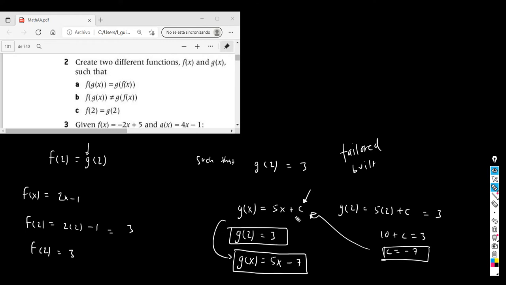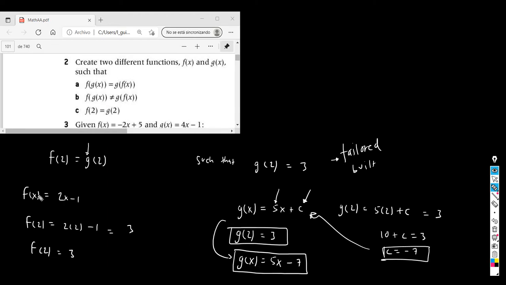Okay, you see, I put this number completely at random. It could have been a 3 or any other number you wanted, besides 2, because that's the one I have in here. And then I tailored this function to my own desires, right?